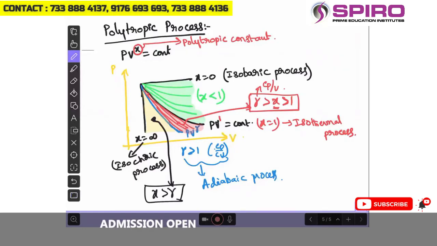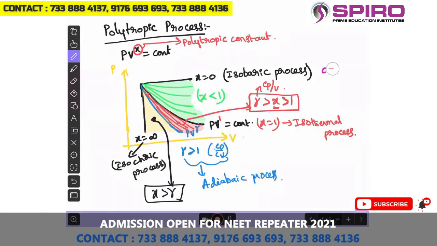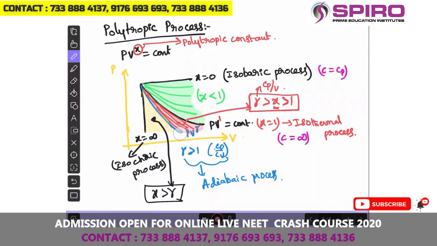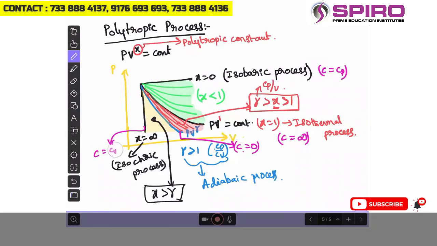In an isobaric process, specific heat C equal to Cp, and for isothermal process C equal to infinity, and for adiabatic process C is equal to 0, and for isochoric process C is equal to Cv.